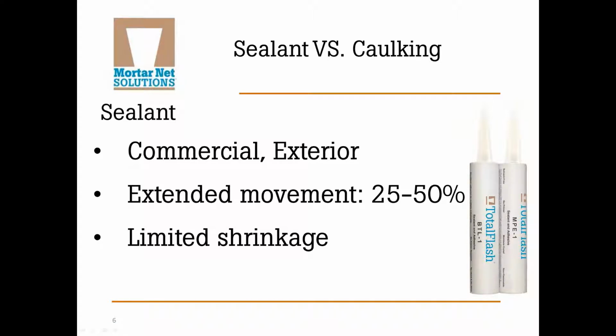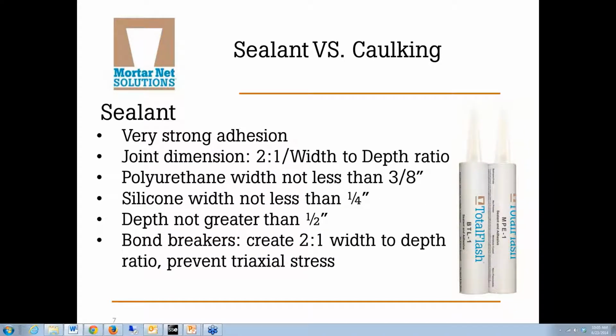And there is very little shrinkage as they cure. Commercial sealants, like MPE1 modified polyether and BTL butyl from Motornet Solutions, exhibit extremely strong adhesion to many of the slick membranes and porous materials found on today's masonry projects.